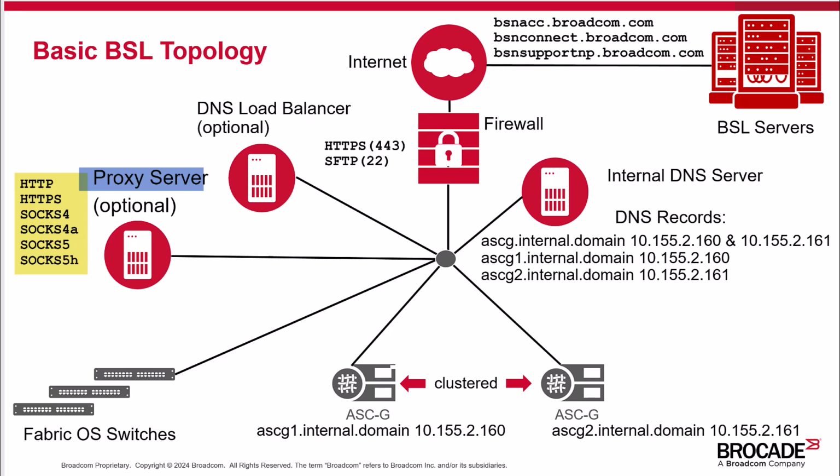So essentially what you'll end up doing is going on the gateway itself and configuring the connections to connect to a particular proxy server with a certain IP and credentials, and then the gateways will know to send their connection requests to the proxy server, who will then in turn forward those connection requests through the firewall for the different connections, HTTPS or SFTP, to the BSL servers.